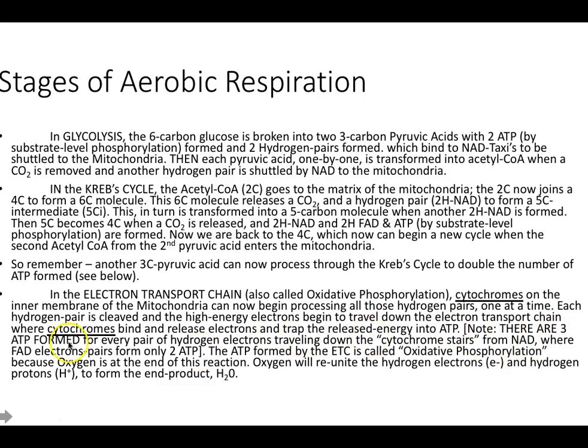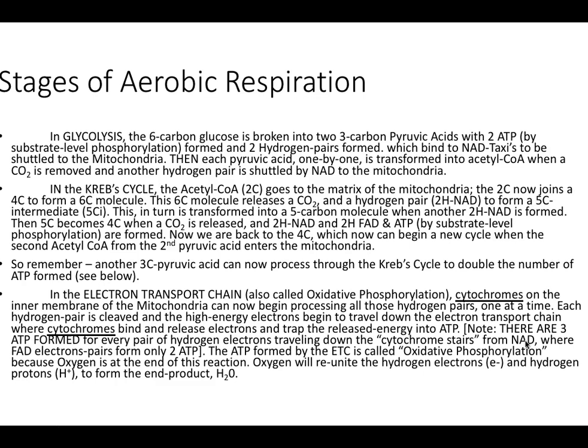Now, there are 3 ATP for every pair of hydrogen electrons that travel down the cytochrome stairs, which are dropped off by the taxi of NAD. So think about that hot potato game where the cytochromes toss the electrons and accept them, toss them to the second cytochrome, accept it, toss it to the third cytochrome.